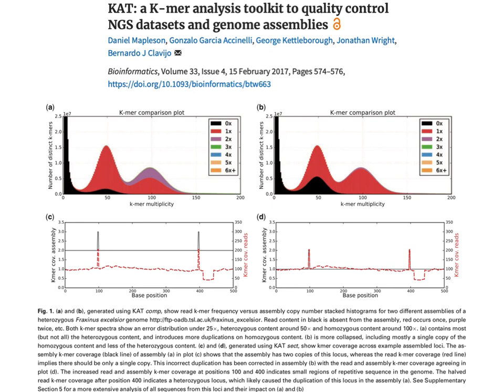There's a little bit of black in that distribution, and also there is a bit of duplication on the homozygous content, whilst the assembly on the right is not duplicating the homozygous content almost at all, and it seems like it's discarding not quite half, but a large proportion of the k-mers that are heterozygous.